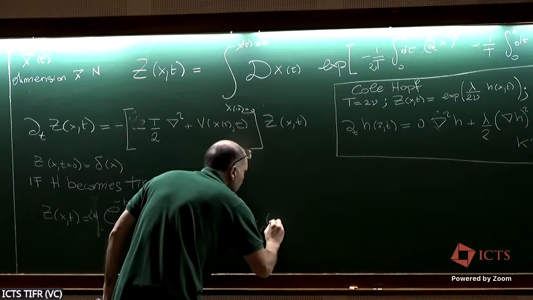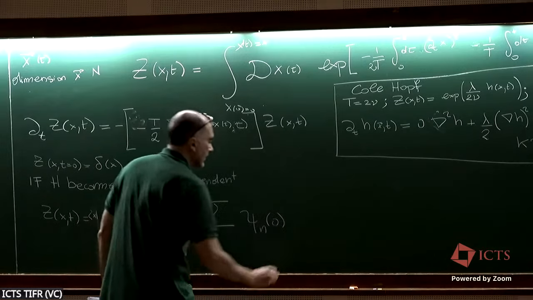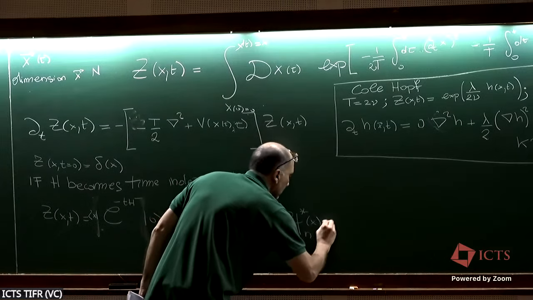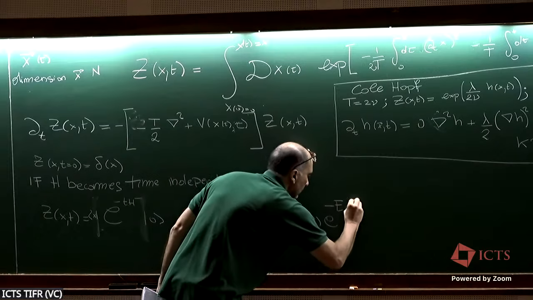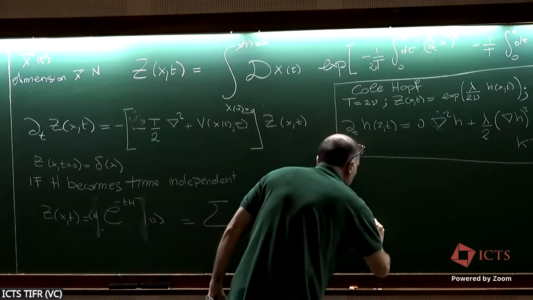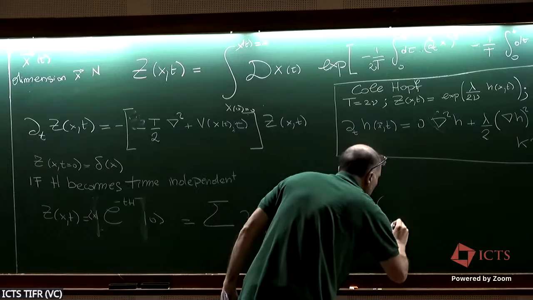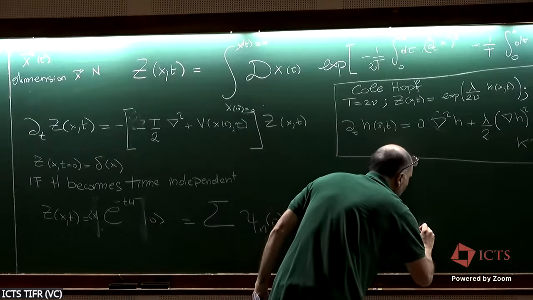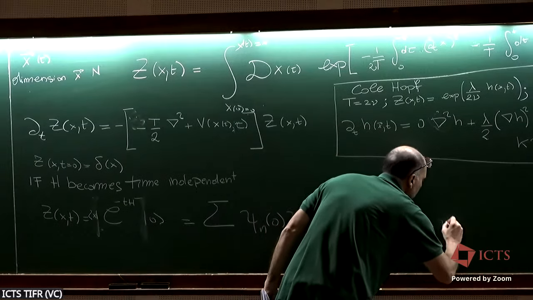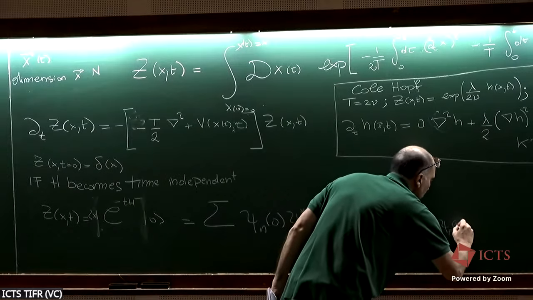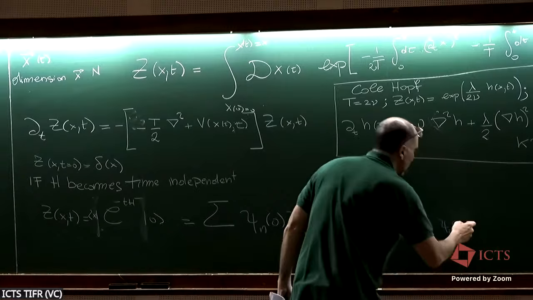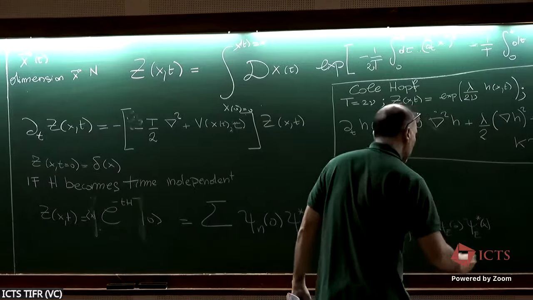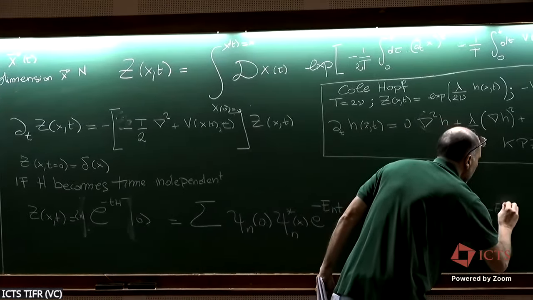If the spectrum is discrete, you have this term. And when part of the spectrum is continuum, with energies which are positive, you integrate with the density of states ρ(E) times the scattering states, plane waves, times e^{-Et}.